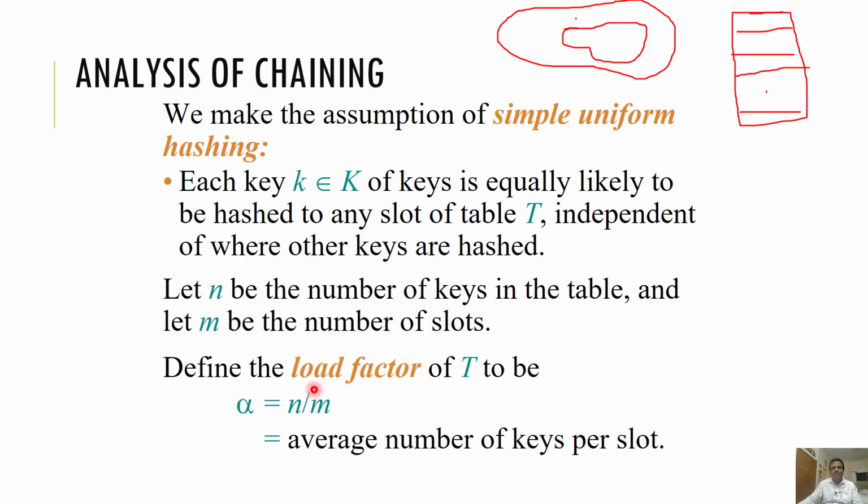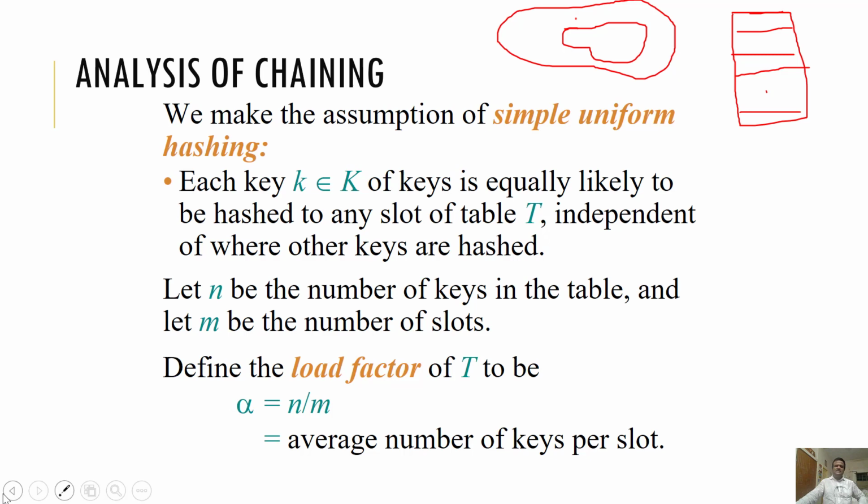That is what is called the load factor. If n is the number of keys and m is the number of slots, we define the load factor to be n by m, and this is the expected or average number of keys per slot if our hash function is a uniform hash function, that means a good hash function. Otherwise, if a hash function is bad and all keys map to the same slot, then this load factor has no meaning.